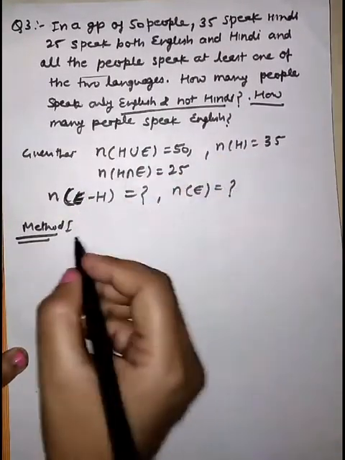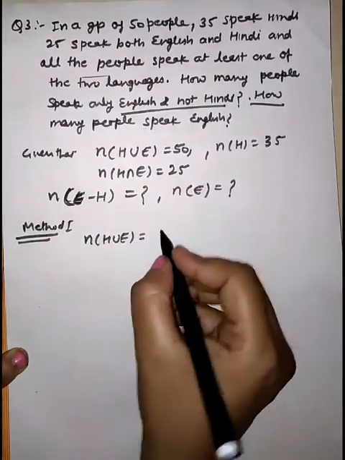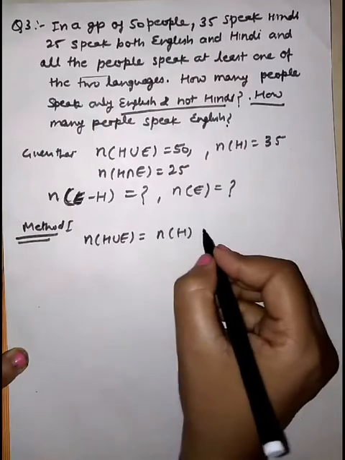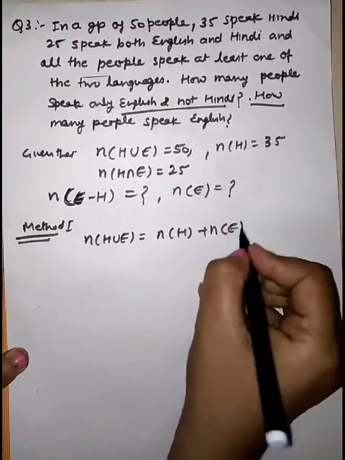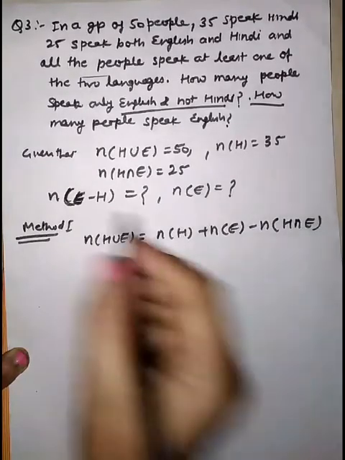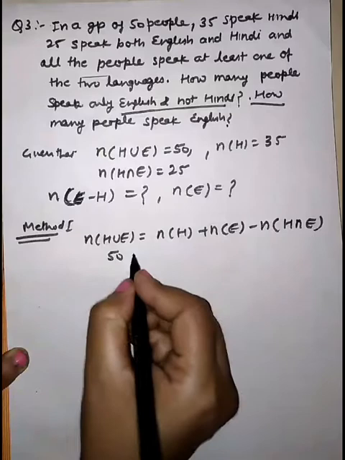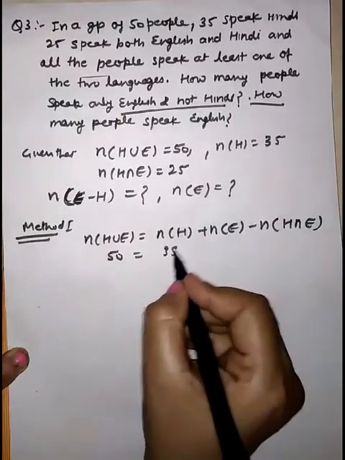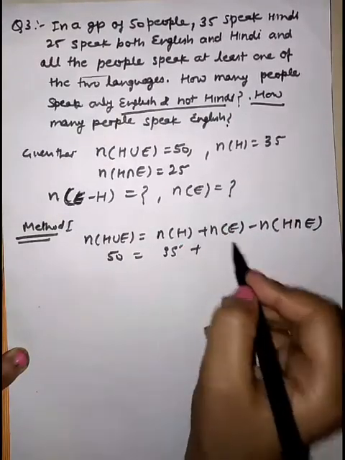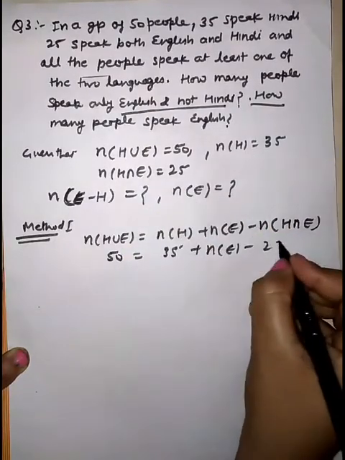So you can write the formula n(H union E) equal to n(H) plus n(E) minus n(H intersection E). Now put in all the values. This one is 50, this one is 35. You have to find n(E), so you write this, and this value is 25.